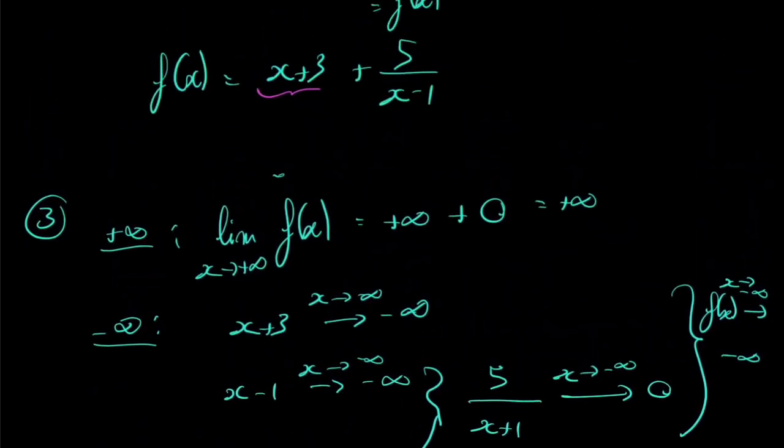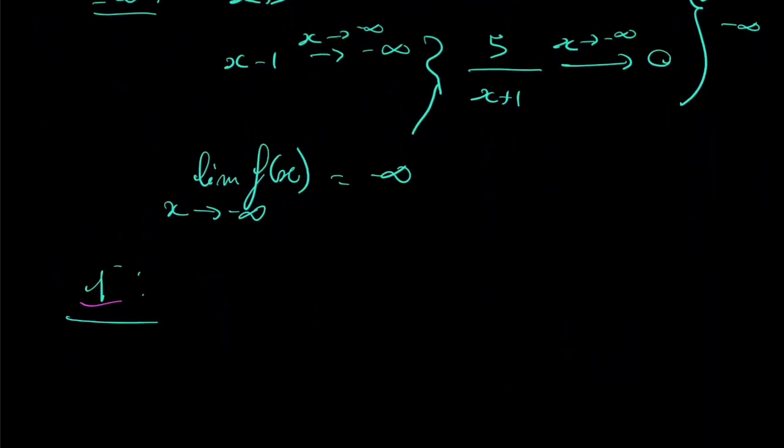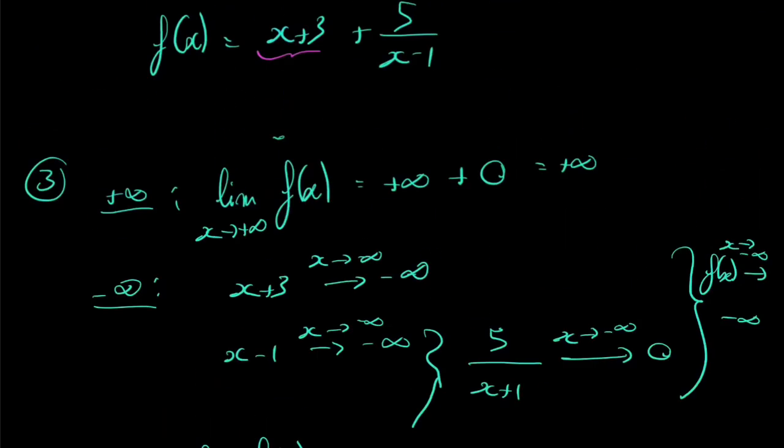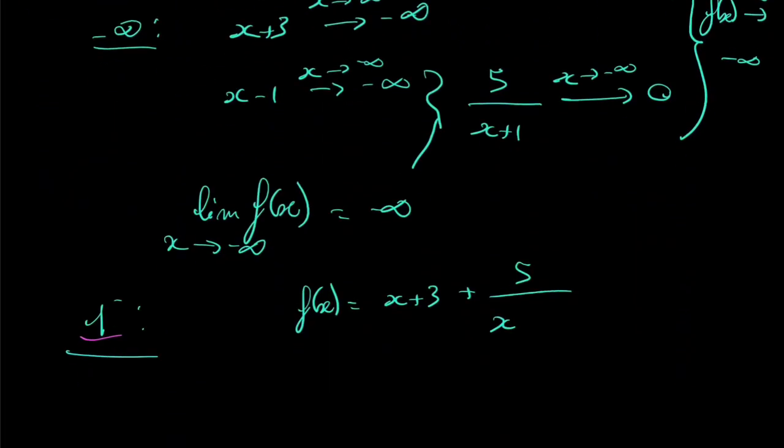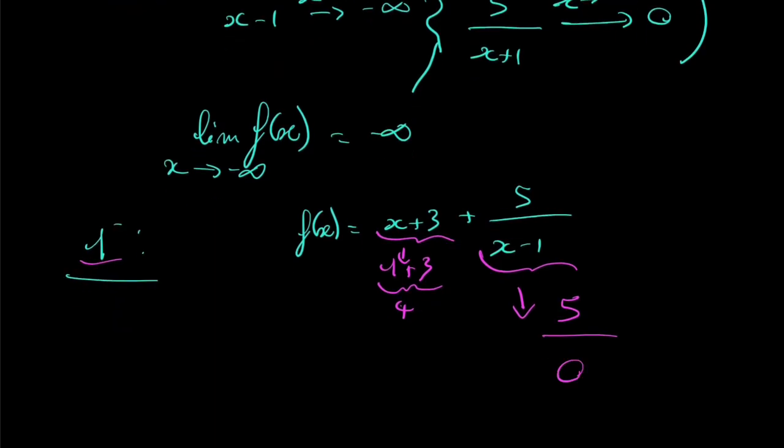In 1 minus, what happens? Let's remind that f of x is equal to x plus 3 plus 5 over x minus 1. When we tend to 1 minus, this of course will tend to 1 plus 3, which is equal to 4. This will tend to that. And this will tend to 5 over 0. But what 0?